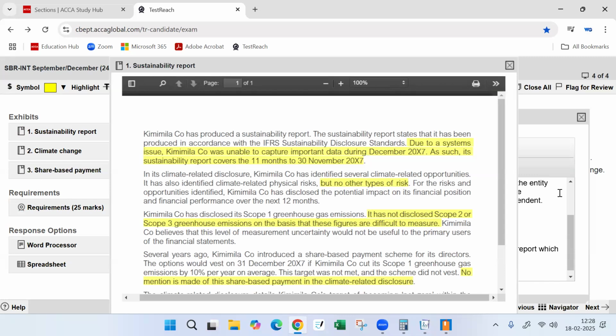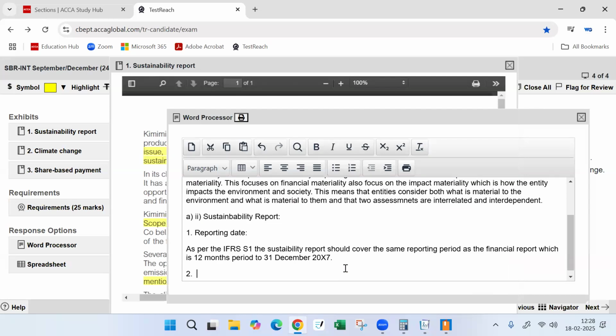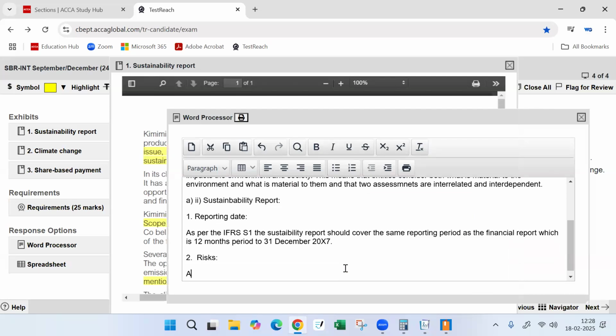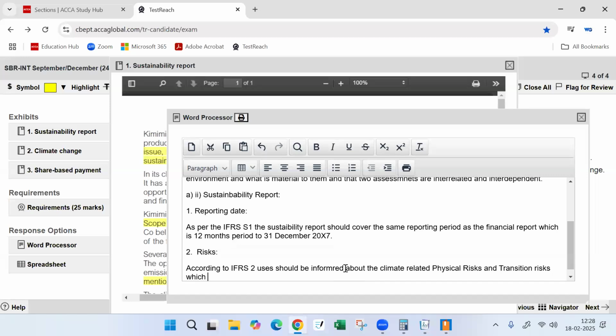Second one is the risks. According to IFRS S2, users should be informed about the climate related physical risk and transition risk which might affect an entity's prospects.